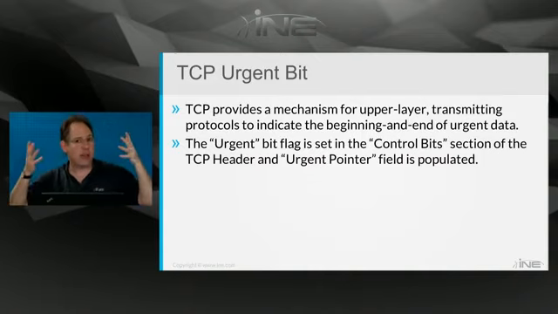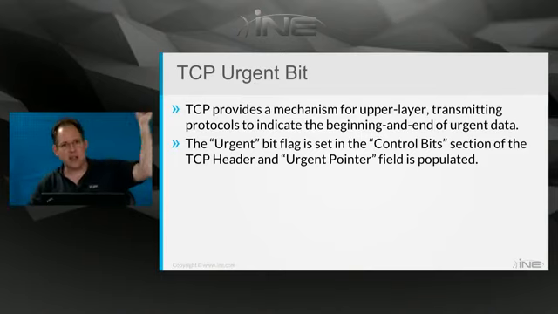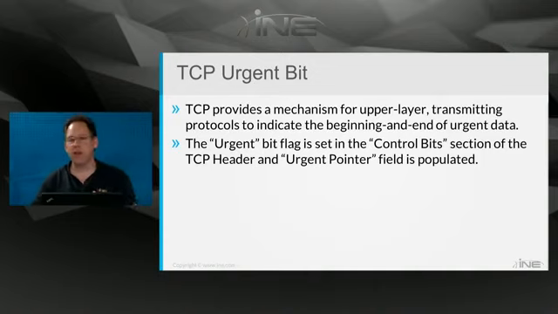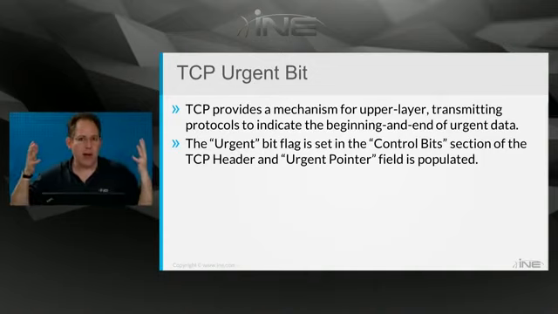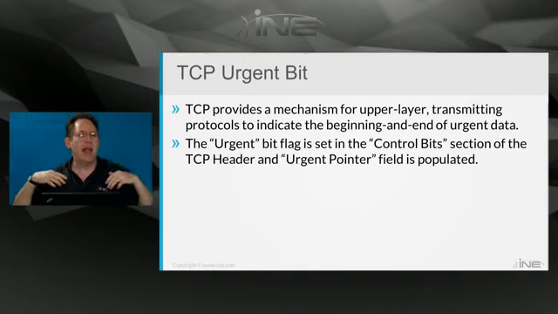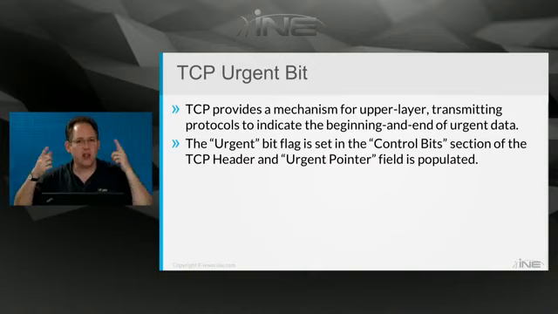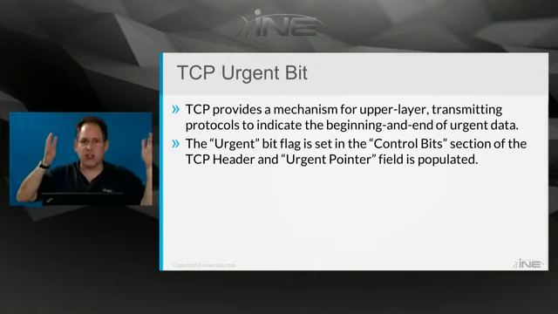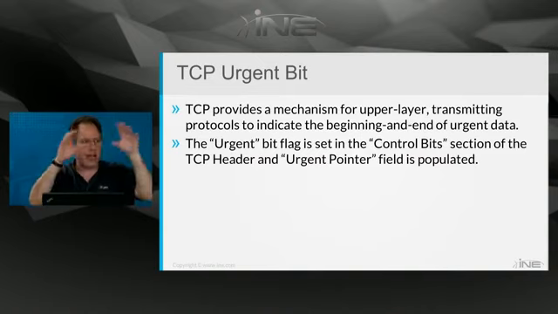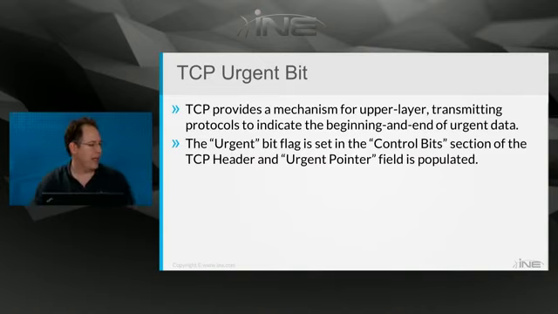So if the software wanted to do that, it could indicate in the send call, this is important, push it, send it out right now. Same kind of thing is true here. The software has to be aware of urgent data and give TCP that urgency. And in addition, the software had to say, here's the urgent data, here's where it starts, here's where it ends. This block of data that I put in this section of the buffer is urgent.